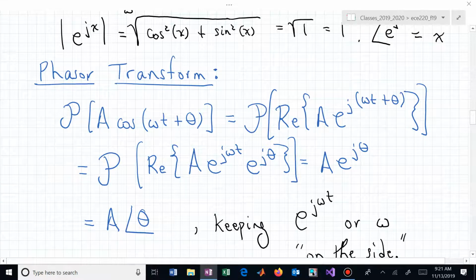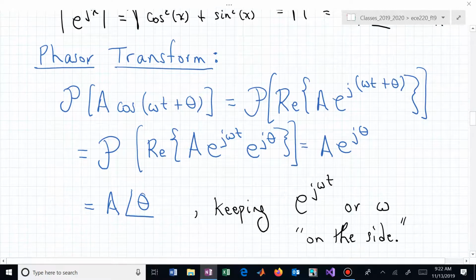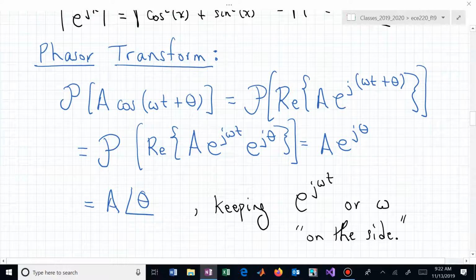If somebody now gives you an expression, A cosine omega t plus theta, then the phasor transform of that is like taking the real part of this complex exponential, but the phasor transform likes to see that complex exponential, because really, here's where we're at the restaurant again.